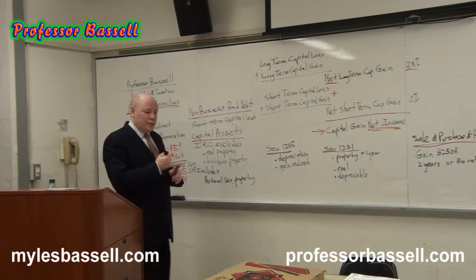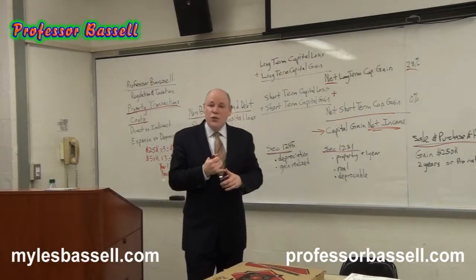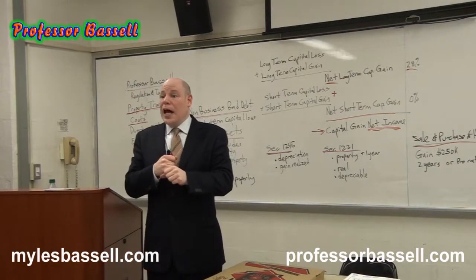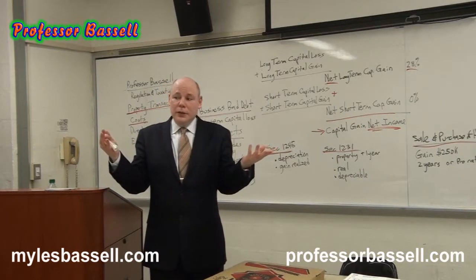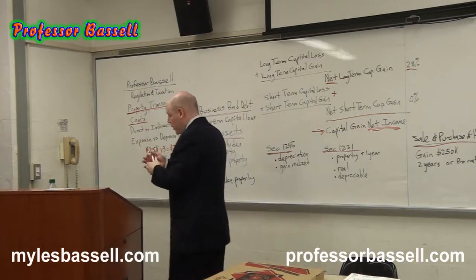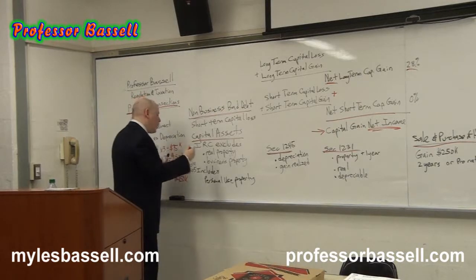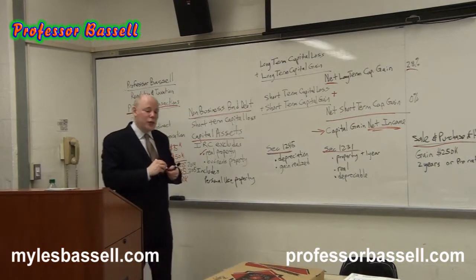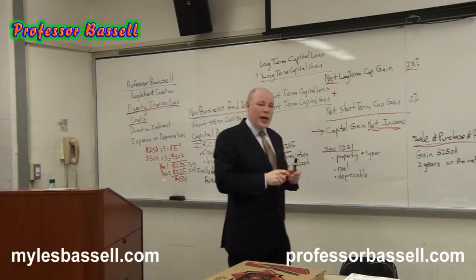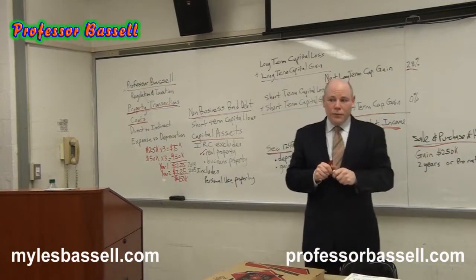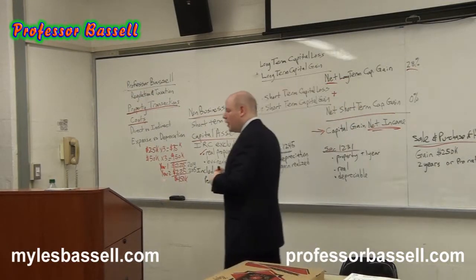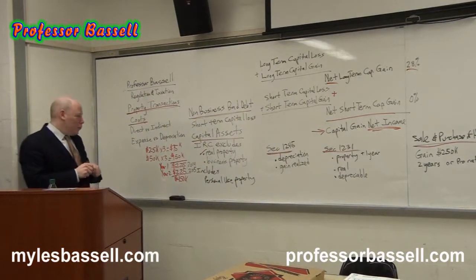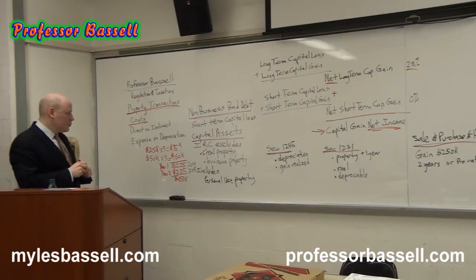Now this lot, how would we describe it? The lot is real property. So that's actually something that the IRS has excluded as a capital asset. It says real property. We understand, yes, it's real property, but we're going to exclude that.